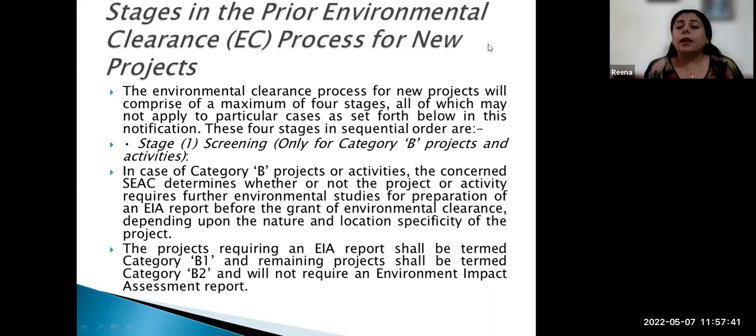So that time will be saved if you have done a proper screening of your project and its activities, its location, its proximity to sensitive area, national highways, international highways.